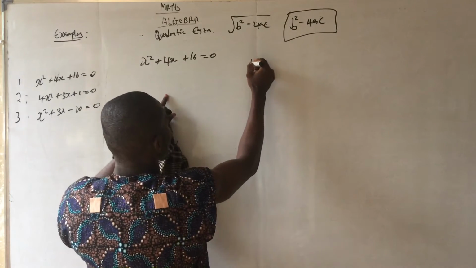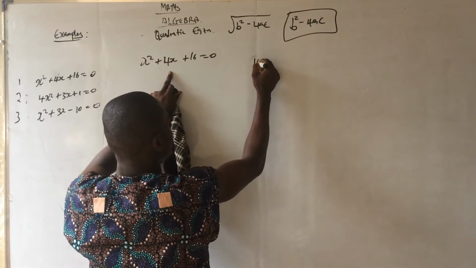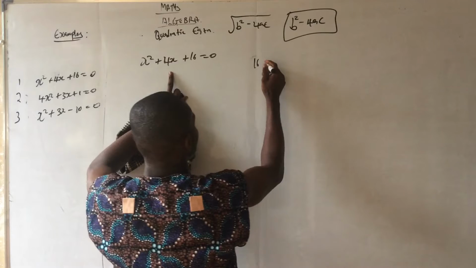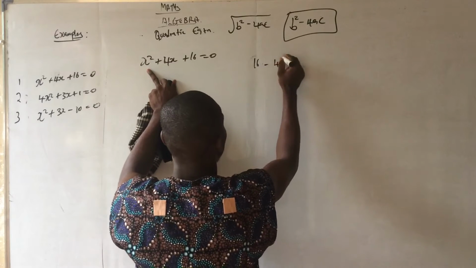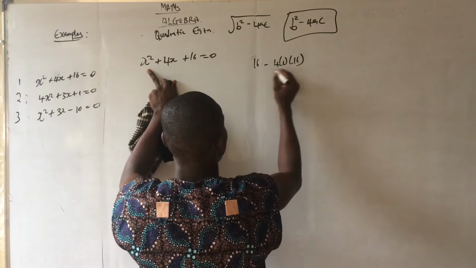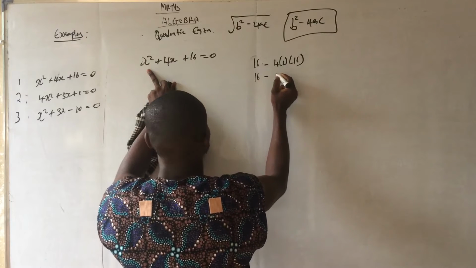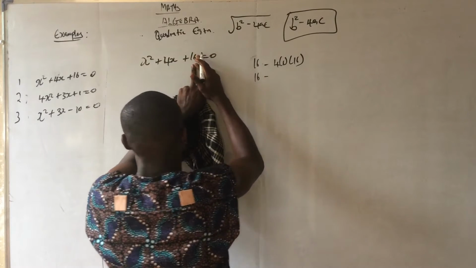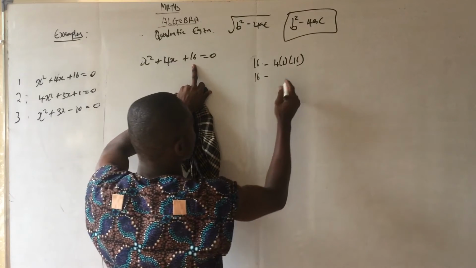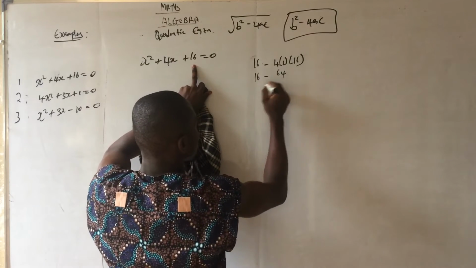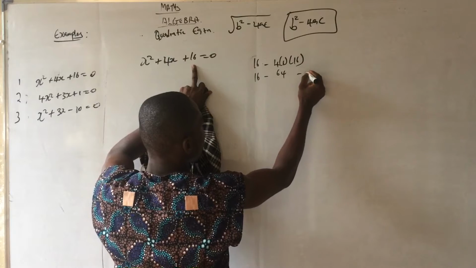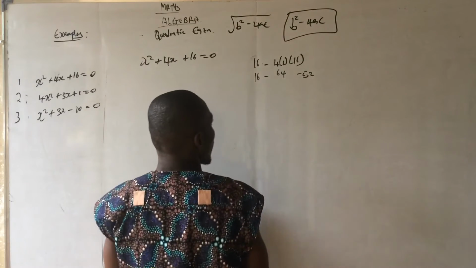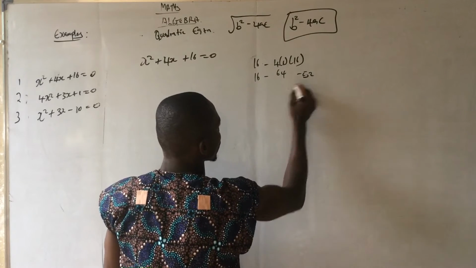Now b squared is 16, minus 4ac, 4 times 1 times 16. Now 16 minus 64 is going to give us negative 52.